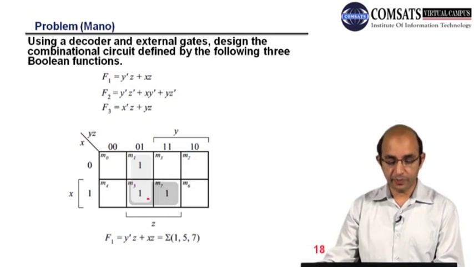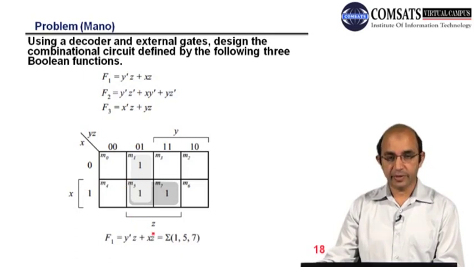Because you can guess that we have 3 inputs, I can draw a truth table, starting from 0, 1, 2, 3, 4, 5, 6, 7. For y bar z, you can see we have a pair here, and then xz, because y is eliminated here as a result of this pair.